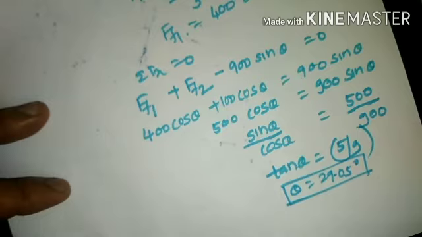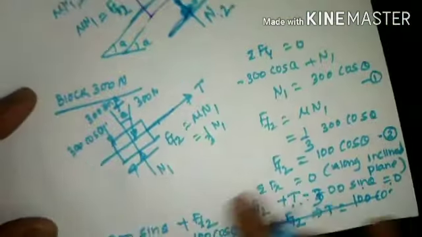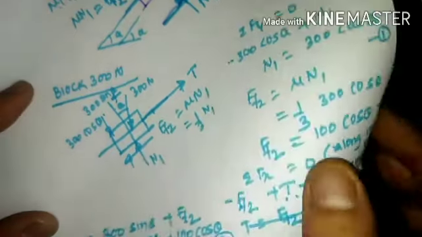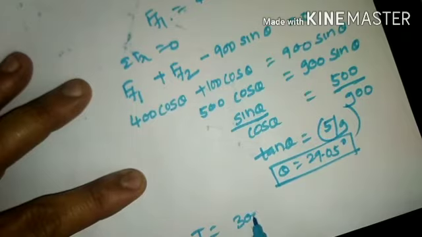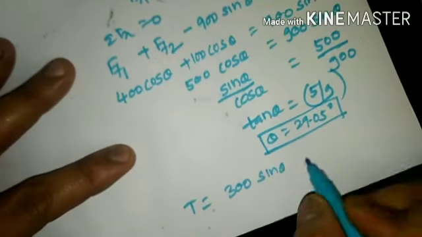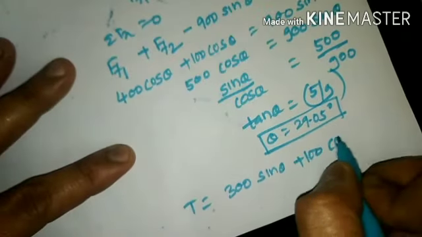If I want to find out T now, the theta value is already there. Substitute here 300 sin theta plus 100 cos theta, which will be 300 sin of theta plus 100 cos of theta.